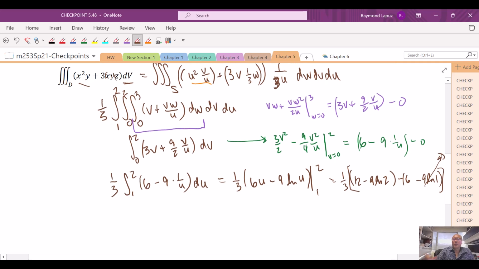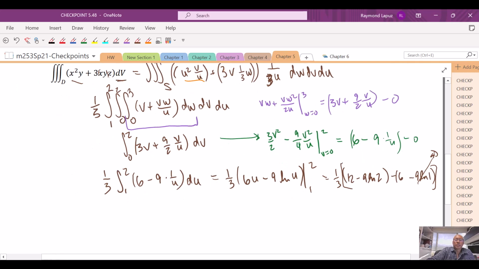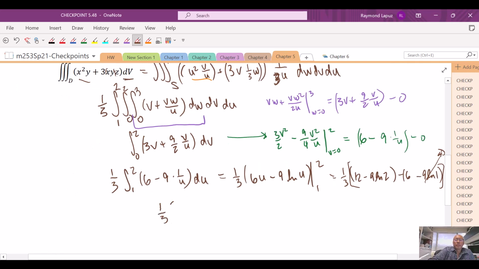And then we have a 1/3. We had 12 minus 6, that's going to be 6 minus 9 ln 2, so this is going to be 2 minus 3 ln 2.